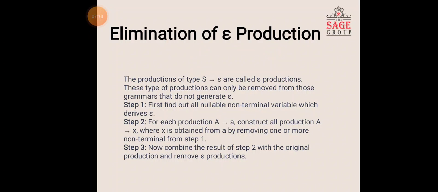So we need to go through all the productions, and accordingly we need to remove all the epsilon productions because they are taking unnecessary storage and are of no use to us, right? As they are of no use, we need to eliminate those productions from the grammar.